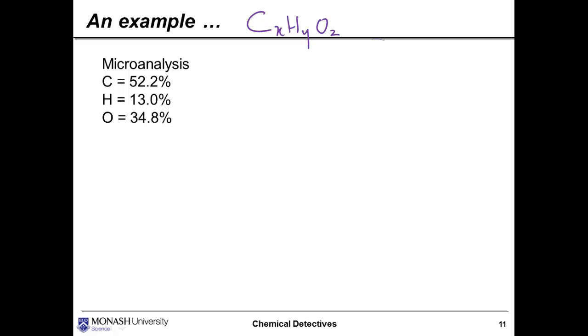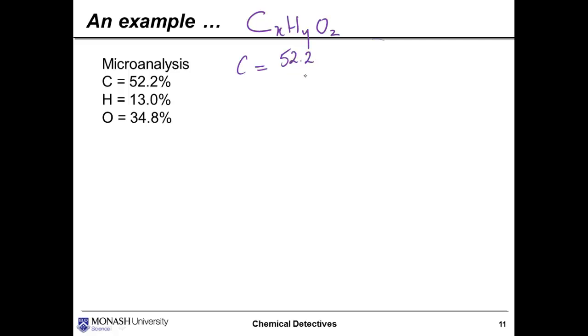We start with the microanalysis data. You can get this data for different organic molecules, and the way that you might solve a puzzle like this is by dividing each of the percentages by the atomic mass of each atom. So we turn to our periodic table, and for carbon we're going to do the following calculation.